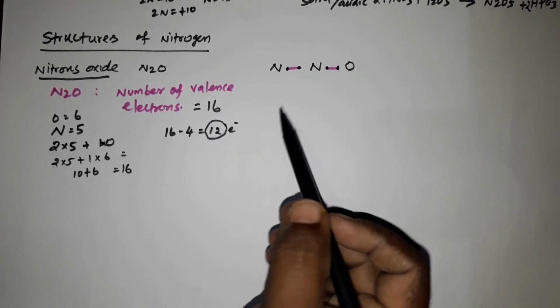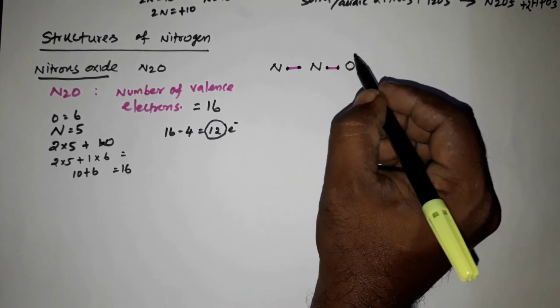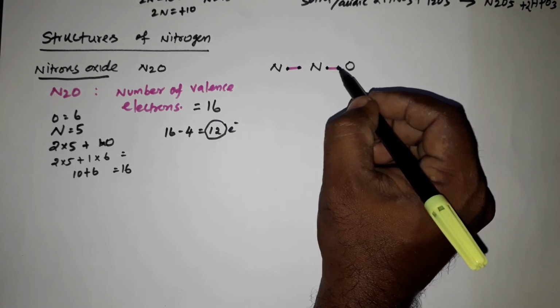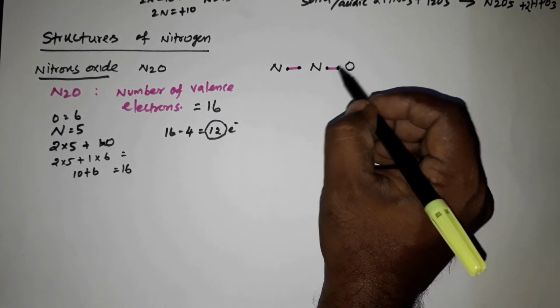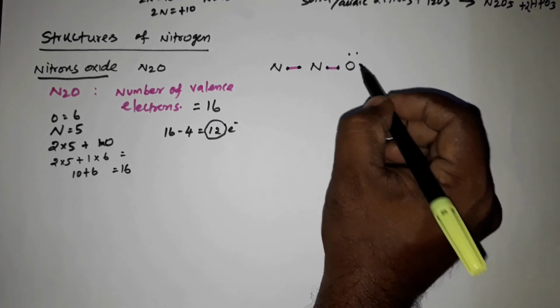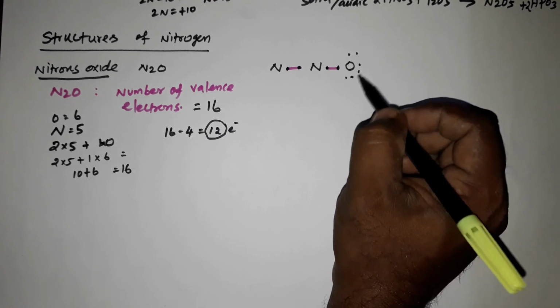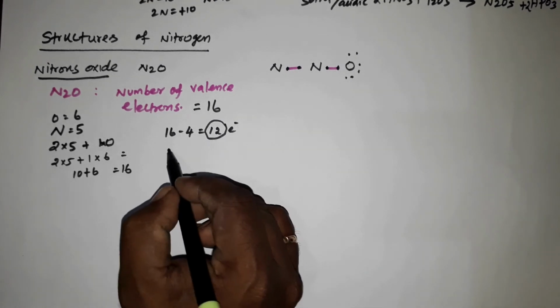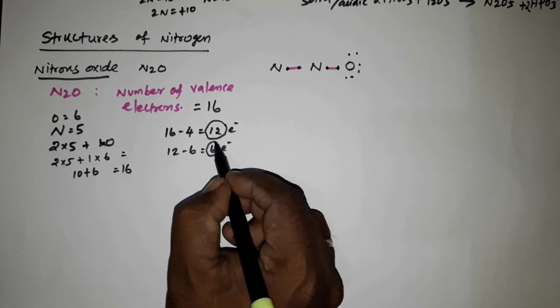Okay. So now next step, 12 electrons are there. First fill oxygen, here 2, remaining 6. So oxygen will get 8 electrons. So 2, 4, 6, 8. Okay. So now 6 electrons are distributed out of these 12 electrons. So 12 minus 6, 6 electrons are remaining.